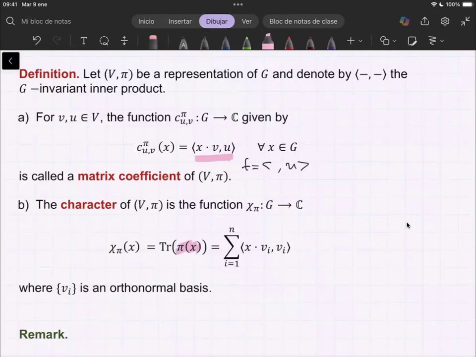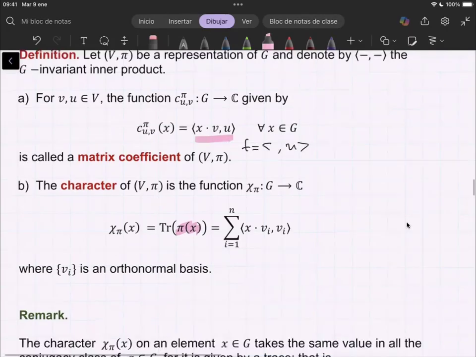This is the linear map on the vector space V. And then we take the trace, yes? And this trace gives us a number. This number could be any number, but it is called a character because it gives us a lot of information, and you will see why.